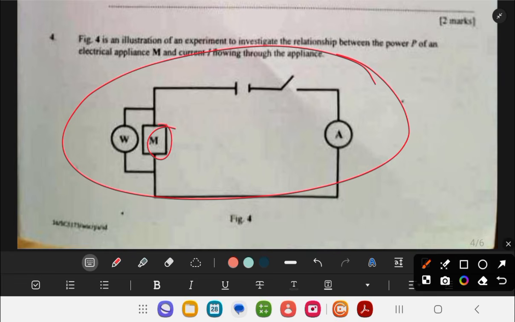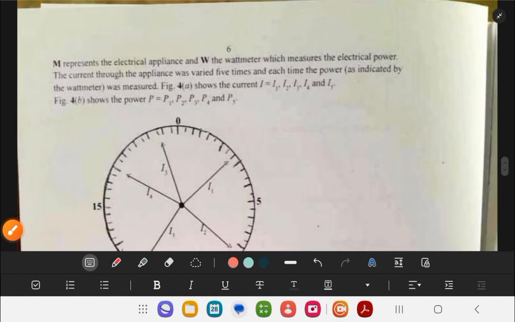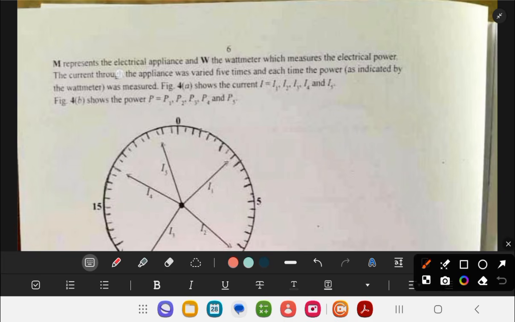Now when it comes to science practical, always expect a graph. Always expect graph work. You should know how to do your graph very well and your gradient. The next thing says that M represents the electrical appliance and W represents watt meter.